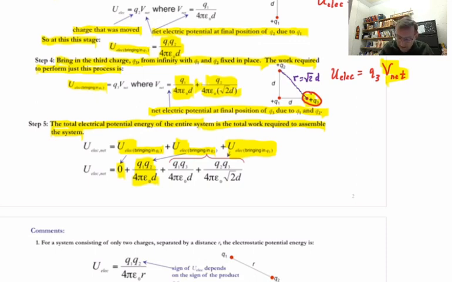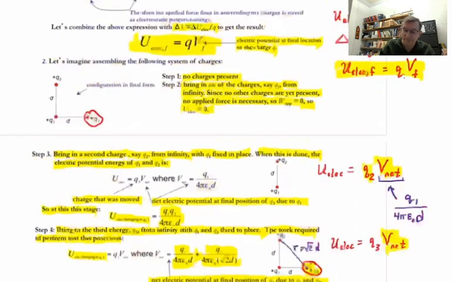And that has two pieces to it, and it's all right here. Q1 times Q3 over 4 pi epsilon 0 d plus Q2 times Q3 over 4 pi epsilon 0 square root of 2 times d. And that's the final answer for the stored electrical energy in the system of 3 charges in this configuration up here.